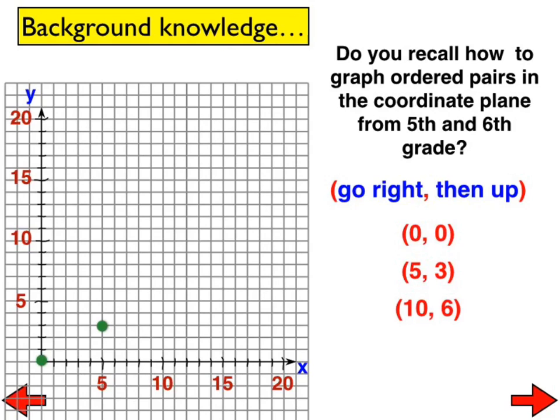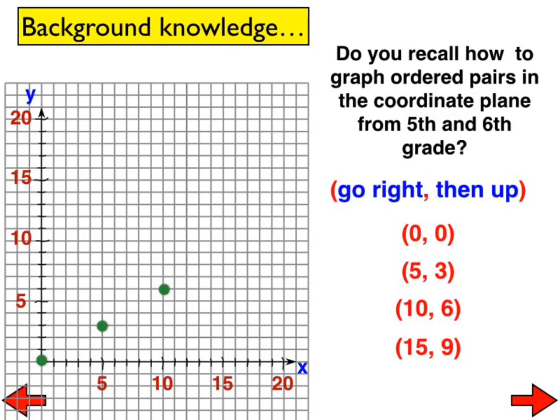If I wanted to plot 10, 6, that would be 10 to the right and 6 up. Who can describe for me how we would plot 15, 9? Go ahead. You would go all the way to the 15 on the bottom on the x. Well, which direction? Oh, right. Go right 15, yeah. And then you would go up to the number 9.